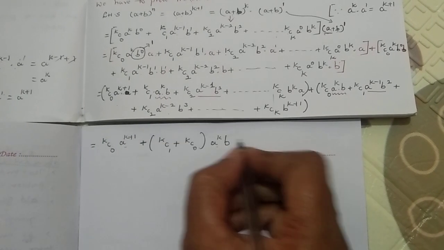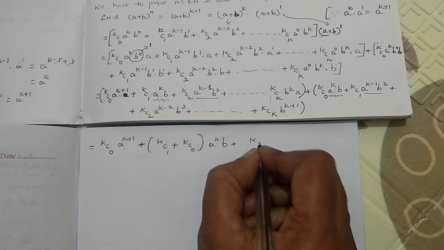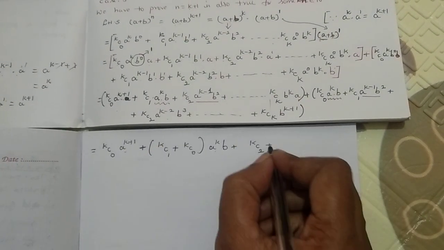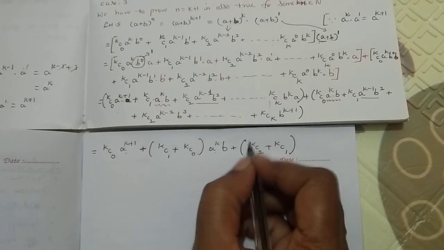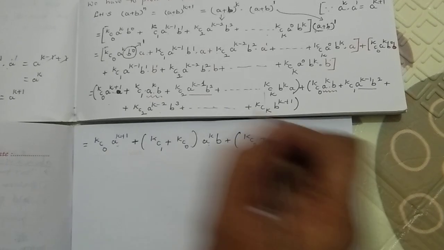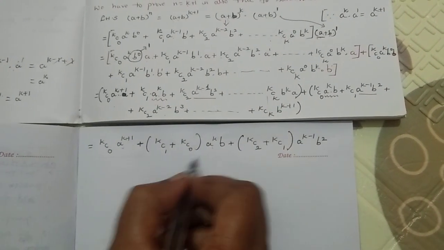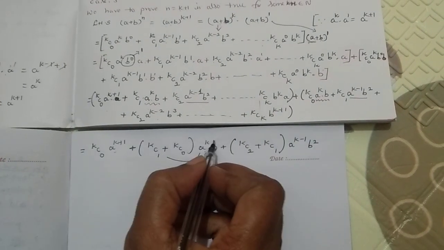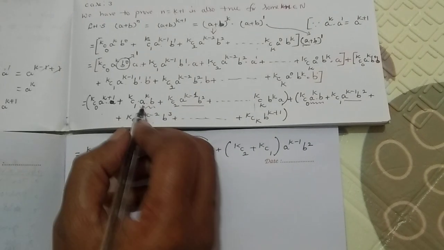Next, plus, same as it is, kc2. Next case, plus kc1. For these two, the common term is a to the power of k minus 1 b square. Again, if I multiply this, I will get back to the same thing, the previous step.